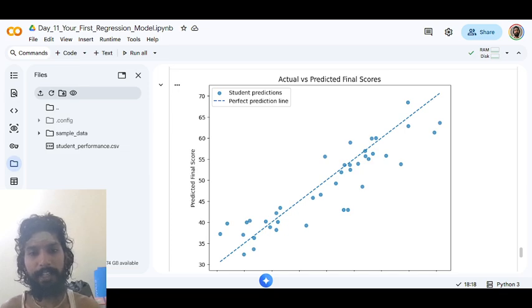Points above the line indicate over prediction. The model predicted a score higher than the actual score. Points below the line indicate under prediction. The farther a point is from the line, the larger the error is.